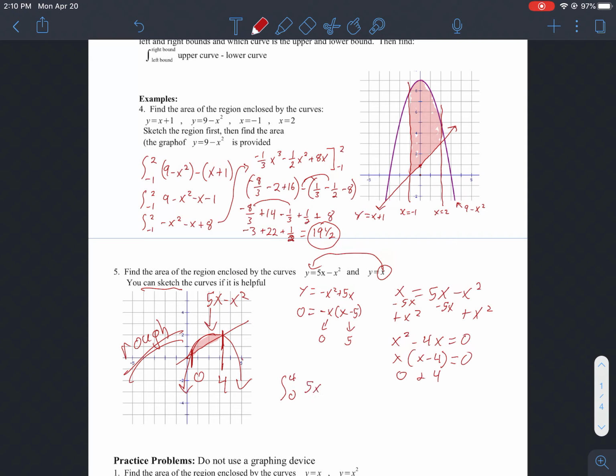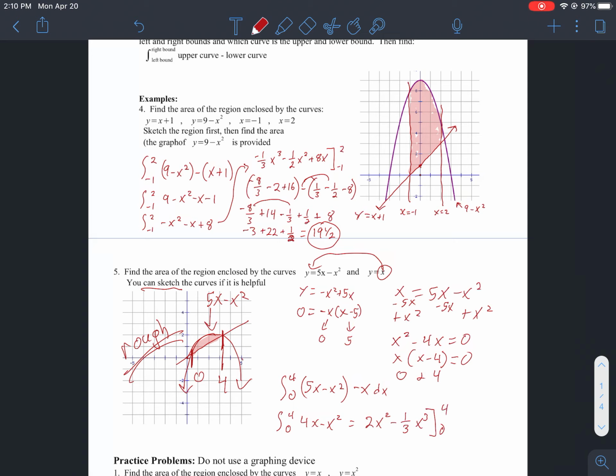My top formula, the larger one, is 5x minus x squared minus x. Now I want to simplify this before I get started. 5x minus x is 4x. Now I'm going to take the antiderivative, so it's 4 over 2, which is 2x squared, minus 1 over 3, x to the third.